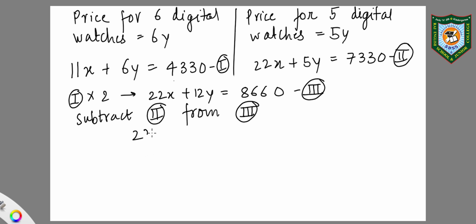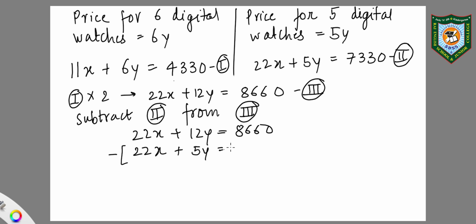So here I have 22x plus 12y is equals to 8660 minus 22x plus 5y is equals to 7330.